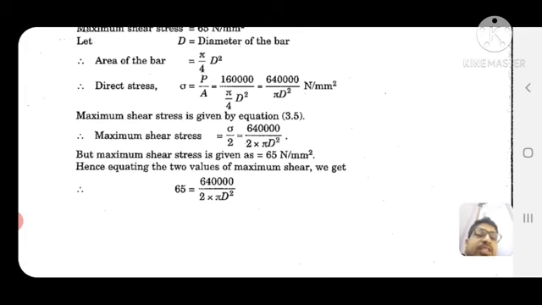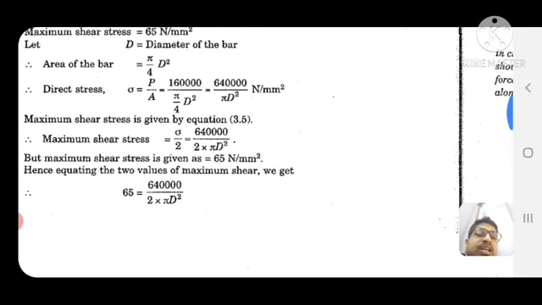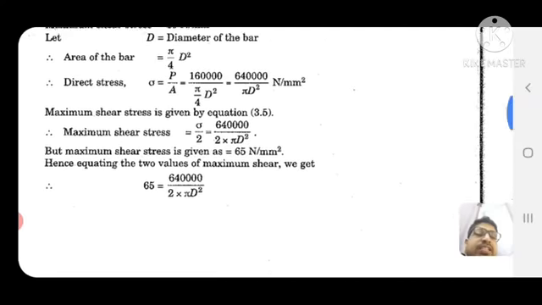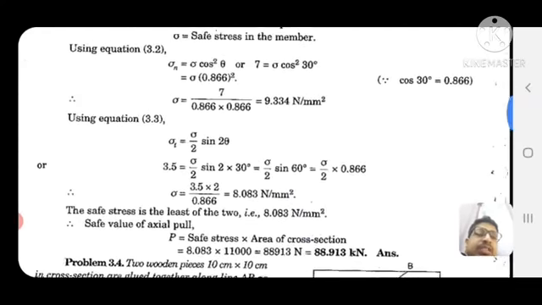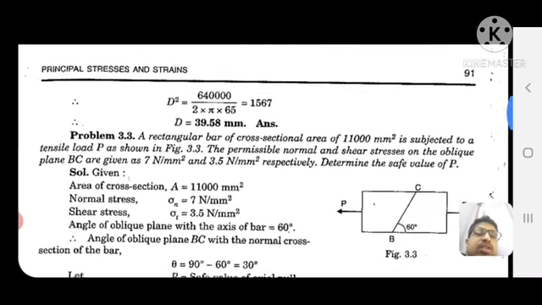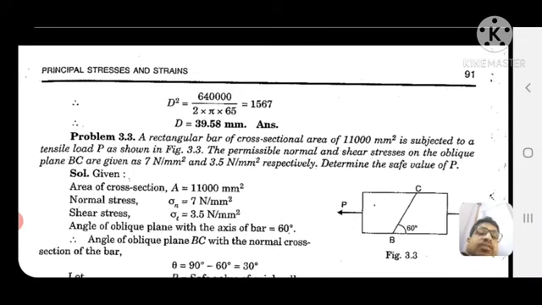Hence, equating these two values, we get 65 is equal to 640,000 divided by 2 pi d square. Now, after calculation, d square is equal to 640,000 divided by 2 pi into 65, which is equal to 1567.